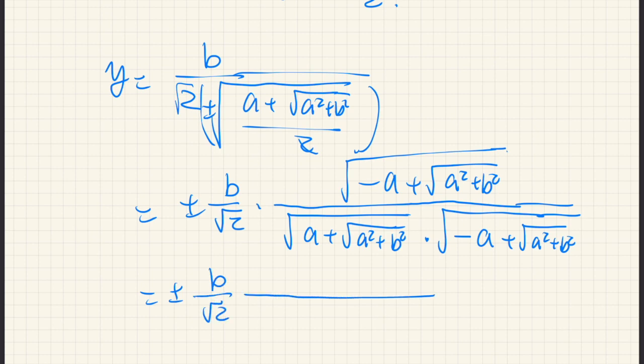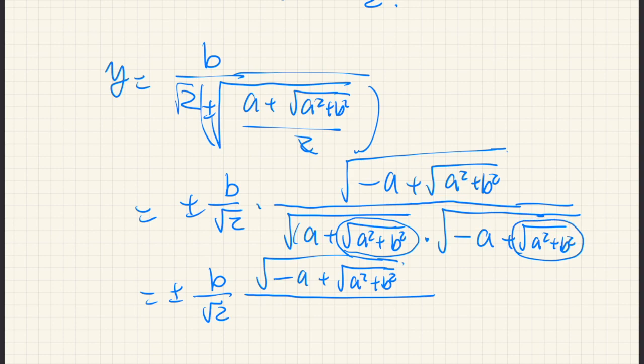So on the numerator we have negative a plus the square root of a squared plus b squared. And here, now we have the square root of a squared plus b squared, and we have negative a and positive a. So that becomes everything under the square root.